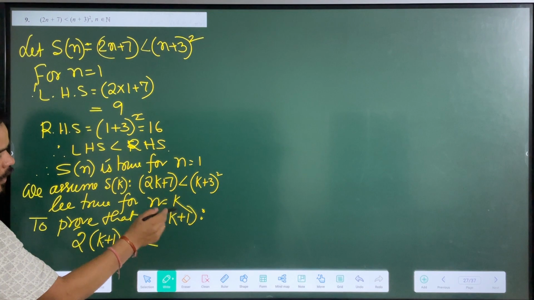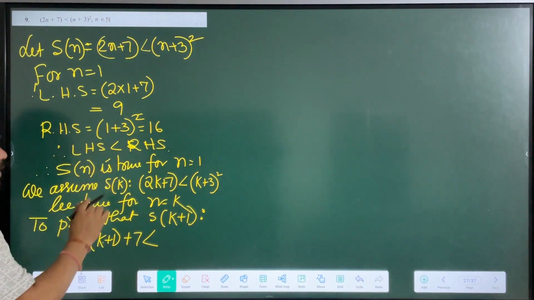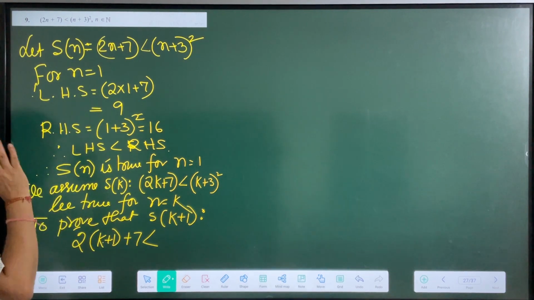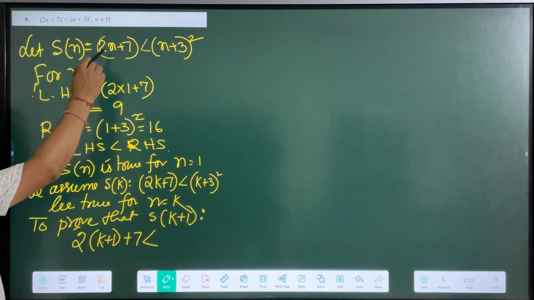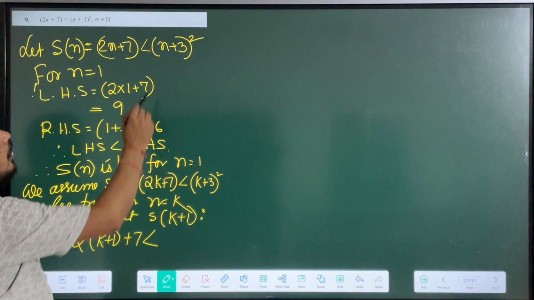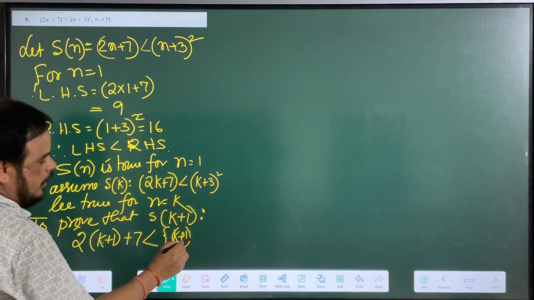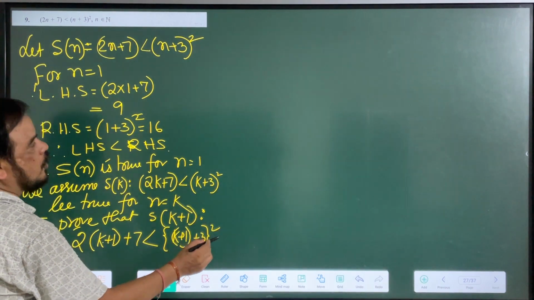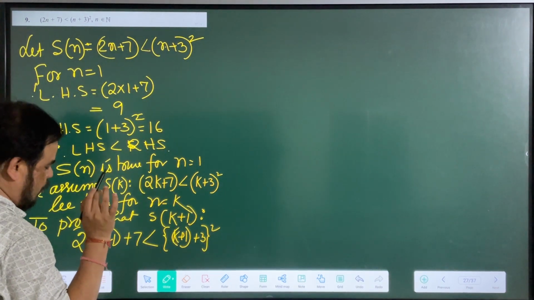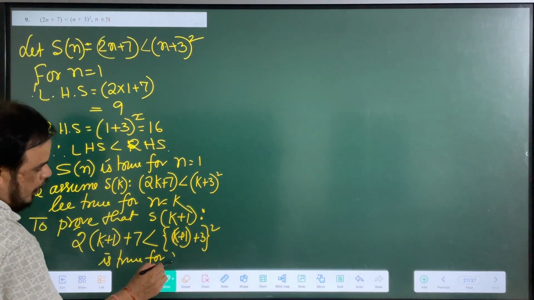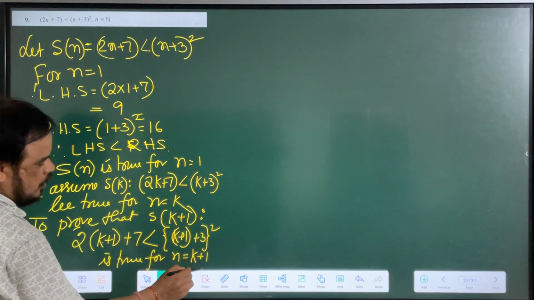In previous sums the equal sign was there, so we did till k, then k plus 1, but here is a smaller than sign, so we cannot use that. Just we will put the value of n as k plus 1. Here n plus 3 whole square, so k plus 1 plus 3 whole square in place of n. I hope you understand. It is true for n equals k plus 1.